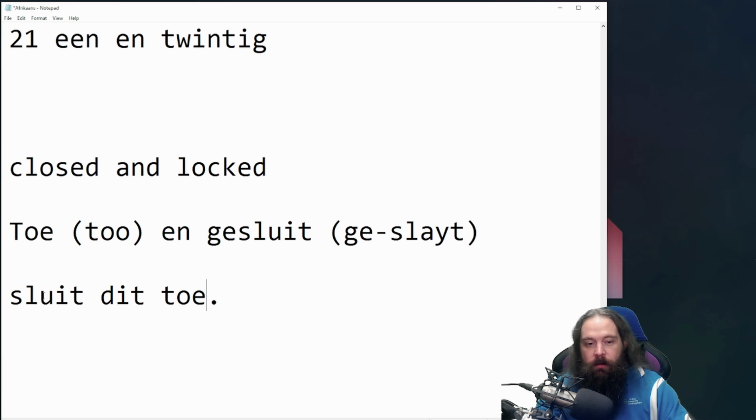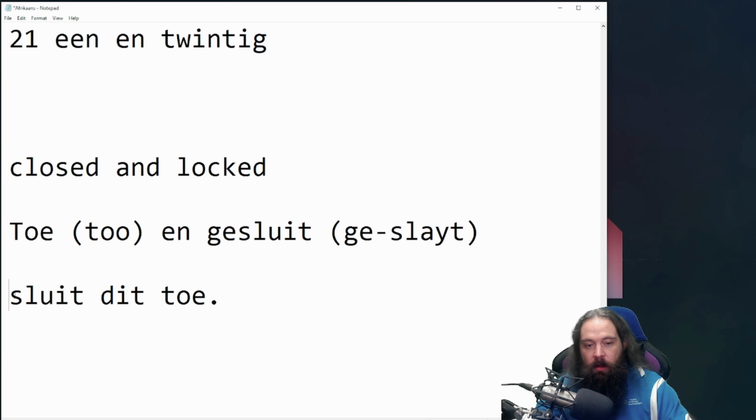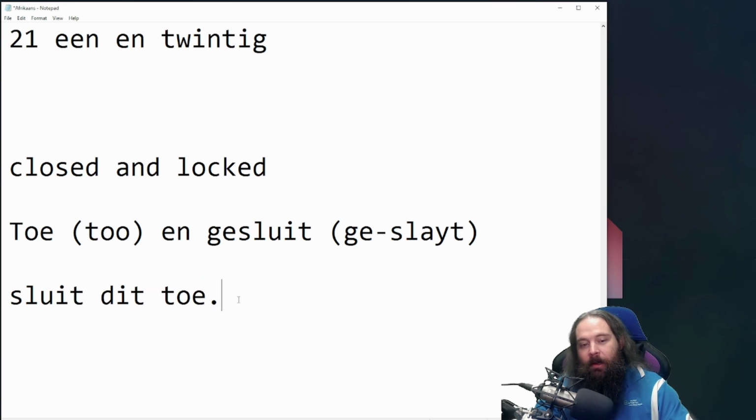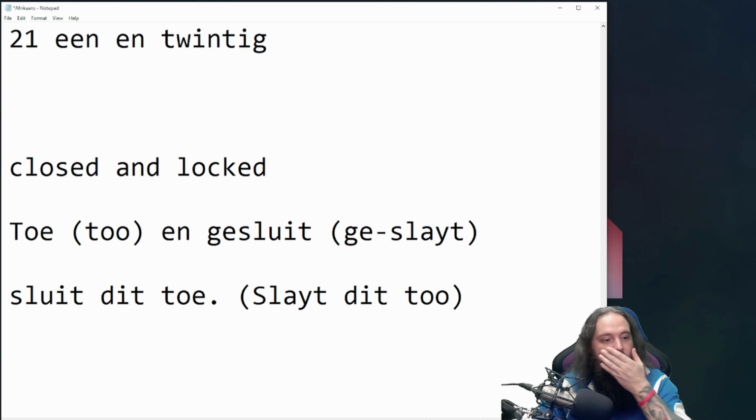So if I were to translate this into English, it would literally be lock it closed. Right? Lock it closed. Sluit dit toe. Sluit dit toe.